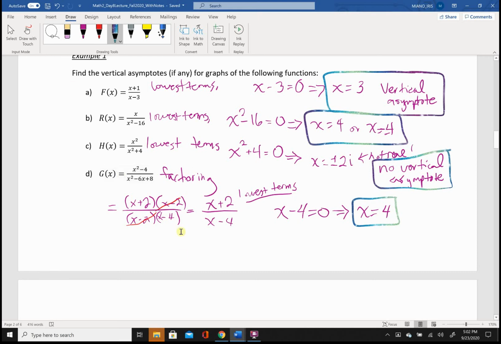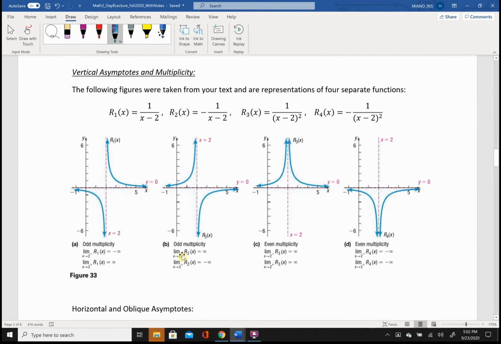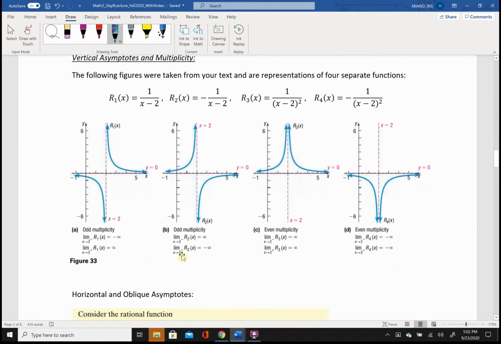Great. Moving on to vertical asymptotes and multiplicity. Taking a few examples, here are some rational functions, r sub 1, r sub 2, r sub 3, r sub 4. They all have a little bit of similarity.